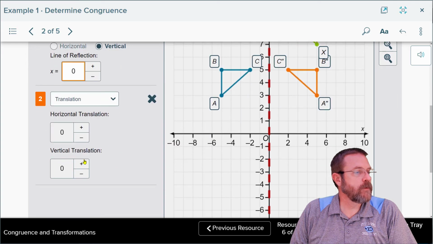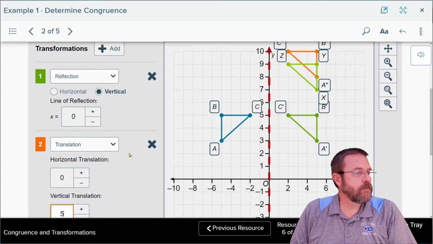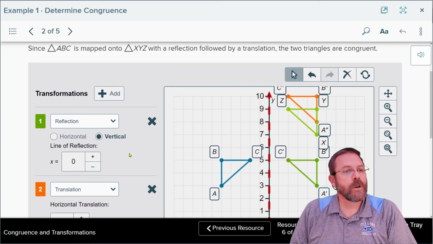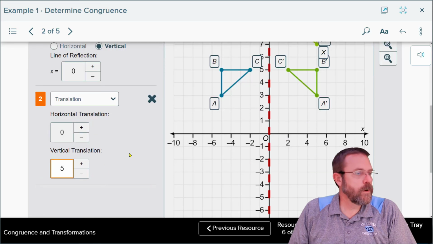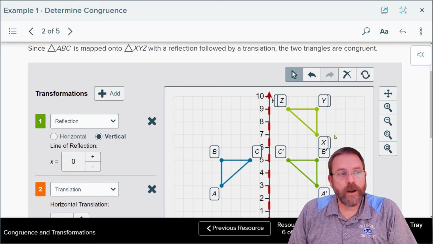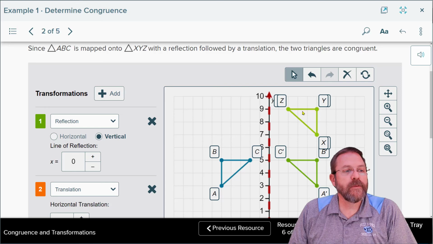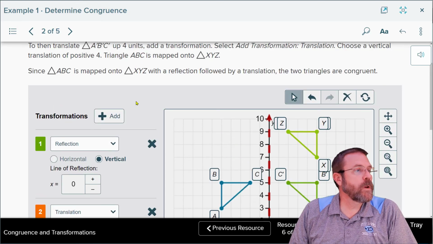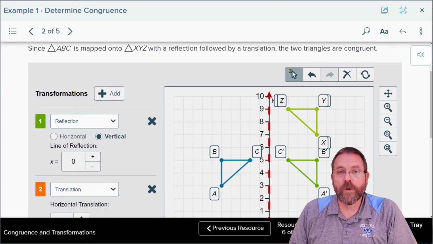Oh, I see, I did 5. We actually need 4. And now you can see that triangle ABC in its double prime format sits exactly on triangle XYZ. Because of that, we know that they're going to be congruent triangles.